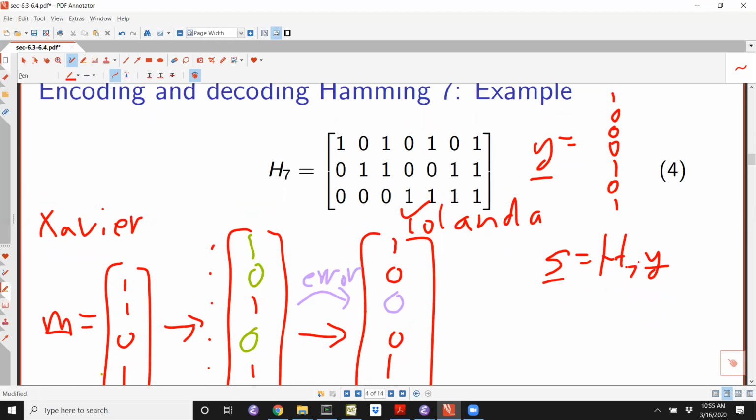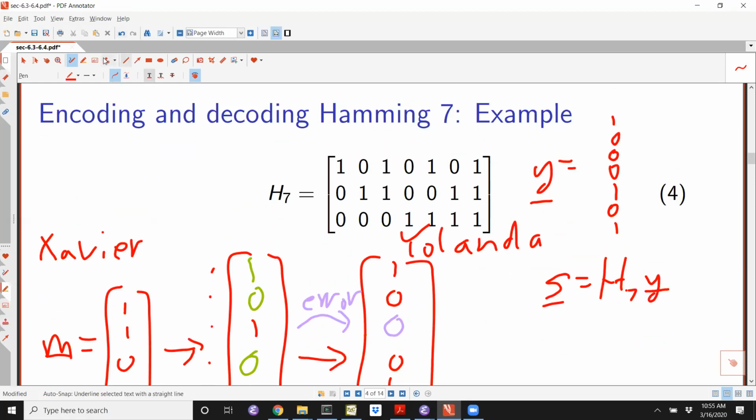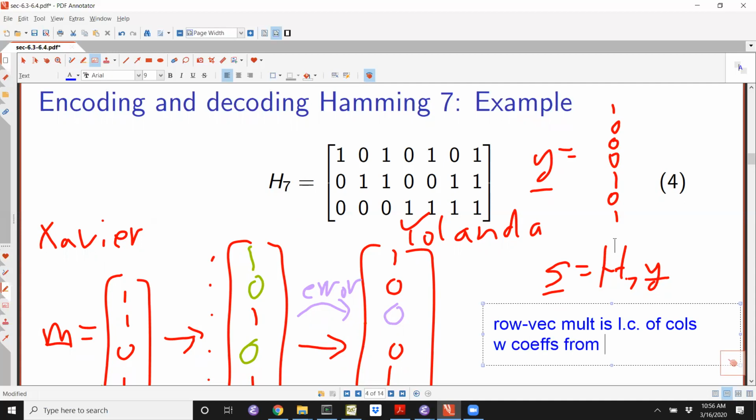Okay, and remember the principle. You could just sit here and do those multiplications, but the way I like to do this is to think that row vector multiplication is a linear combination of columns with coefficients coming from the vector.